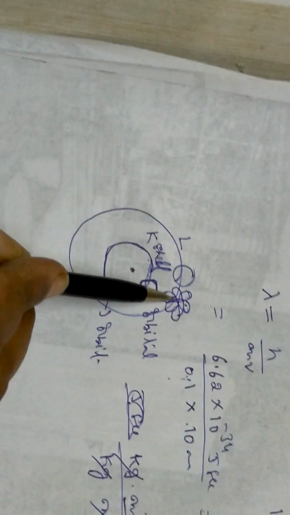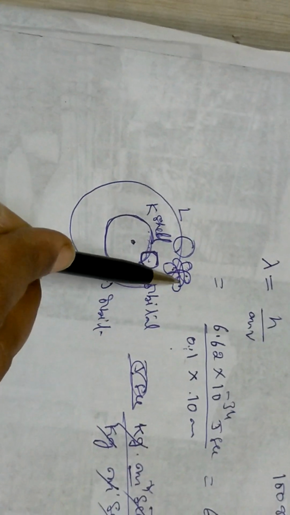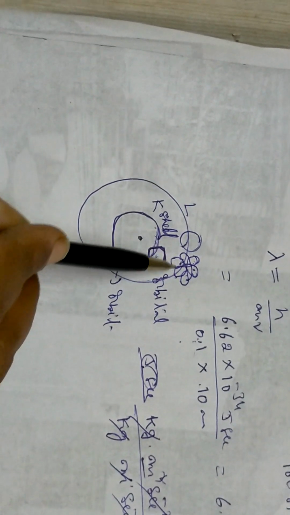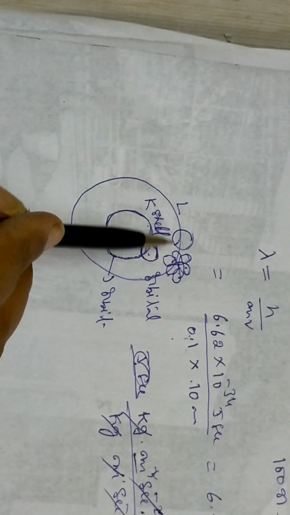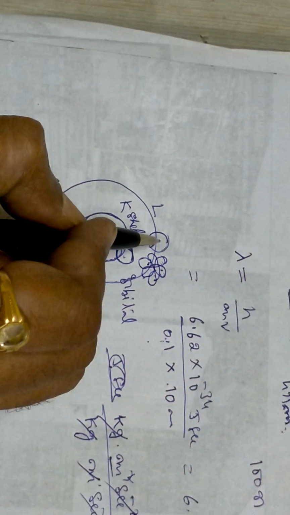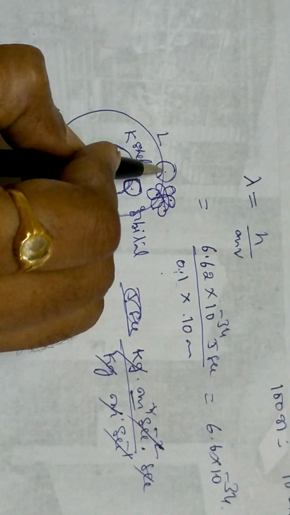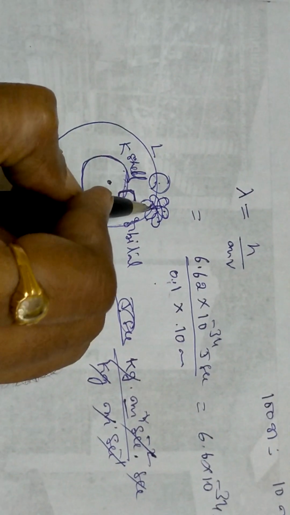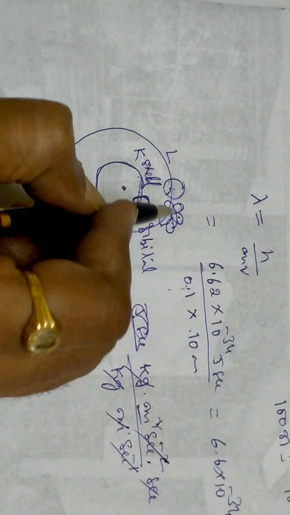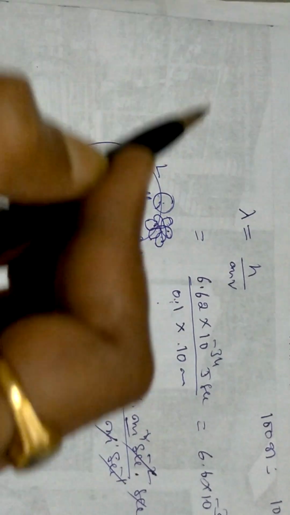This is the p orbital: 2px, 2py, 2pz. All are similar, and all are dumbbell shaped. The s is circular. So these are the subshells, and these are the orbitals: the 2s orbital, and more precisely the 2px, 2py and 2pz orbitals.